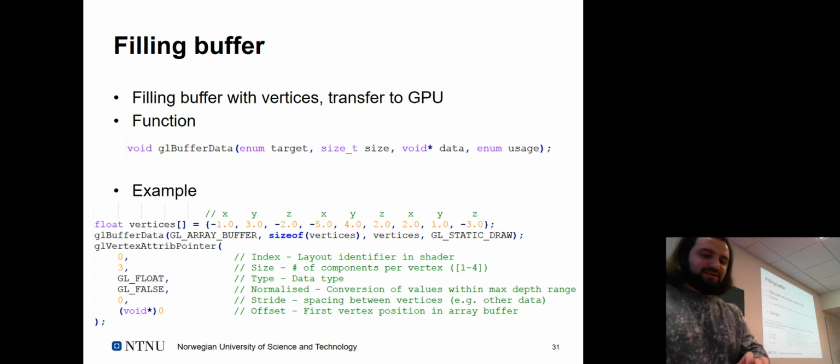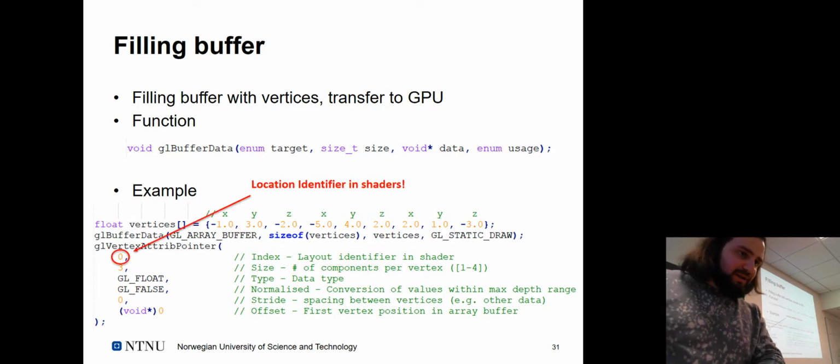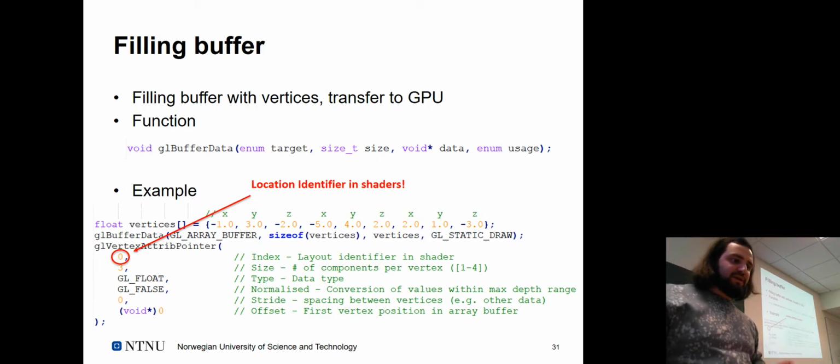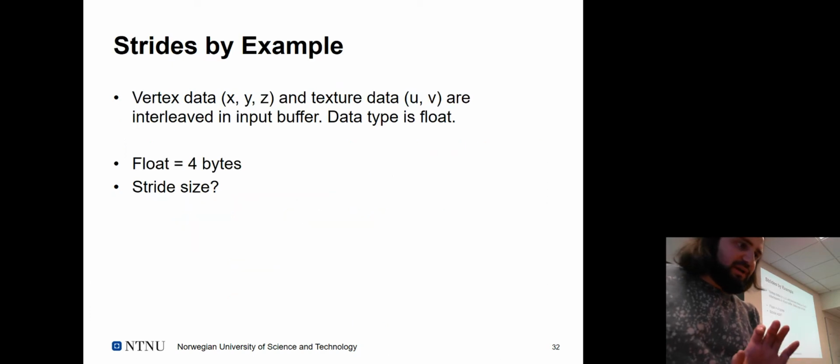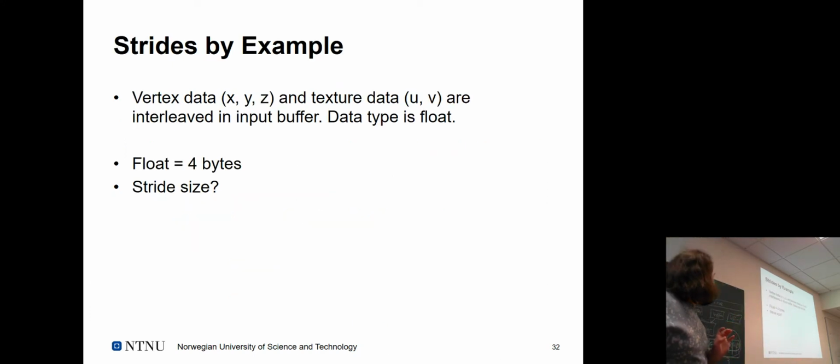Okay, let's check, yeah, this is the location identifier in shaders. So actually the ID, how the shader identifies these attributes. Okay, this is more interesting now. So we have XYZ data, vertex data, and we have texture data, UV, and they're interleaved, meaning put in this way.